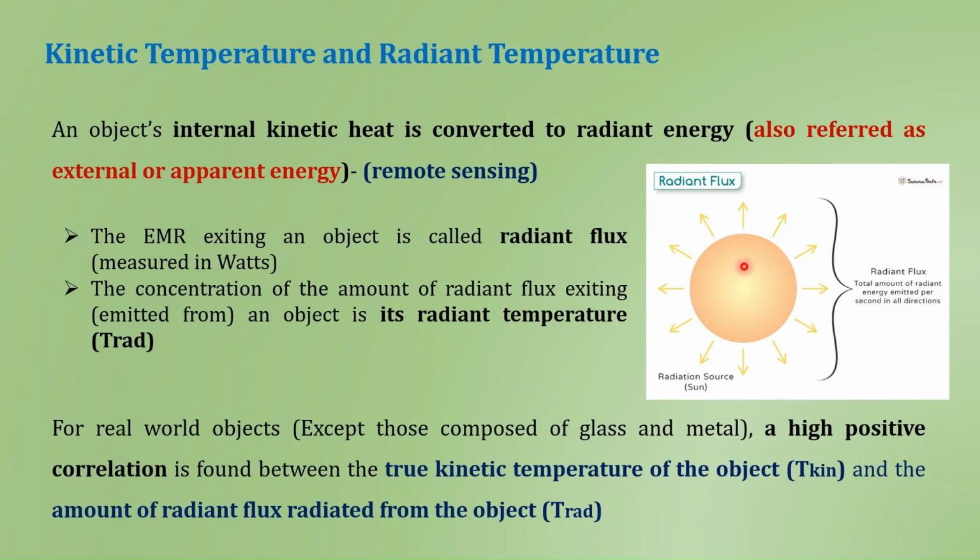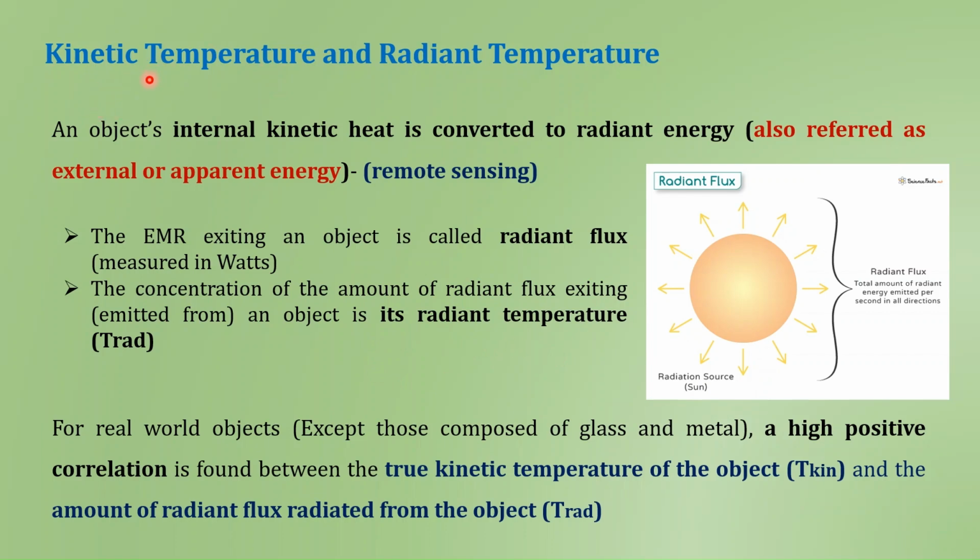The electromagnetic radiation exiting an object is called the radiant flux, that is the total amount of radiant energy emitted per second in all directions, and it is measured in watts. And the concentration of the amount of radiant flux exiting from a particular object is its radiant temperature.